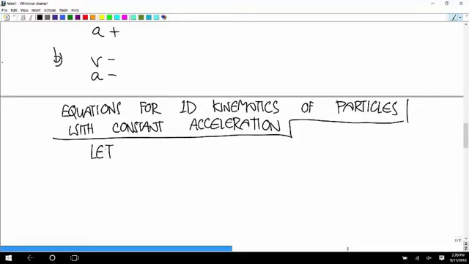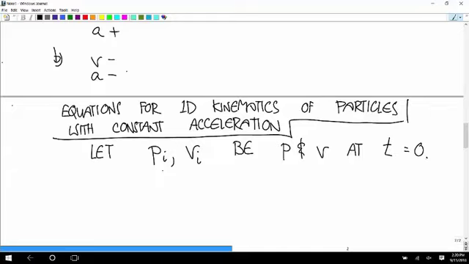So I'm going to define the meaning of a few variables. Position sub I, velocity sub I, let those be the position and velocity when time is equal to 0.